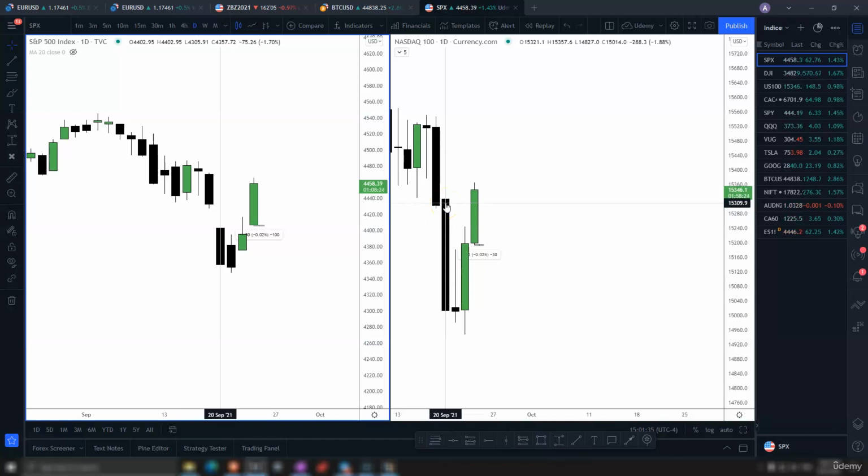So it's a big difference between S&P and the other markets. It's also 500. You know, it's bigger than 100 and bigger than 30. Those numbers are the number of companies that are inside those indexes. So S&P represents 500 companies in the USA.